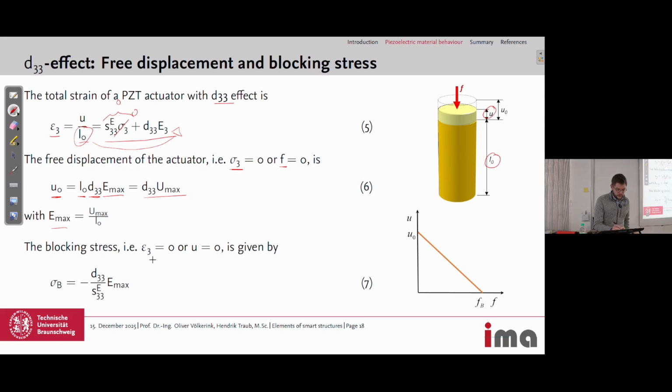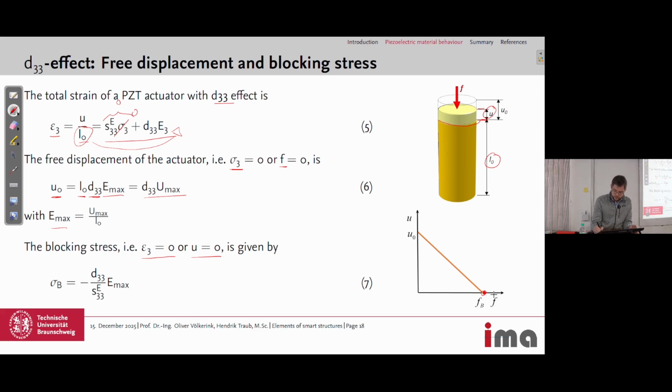And we can do the same for the blocking stress. Then we say that epsilon 3 is 0, therefore U is 0. So we have no elongation here. We are at the initial length again because we push it back. So we are at this point in the work diagram.